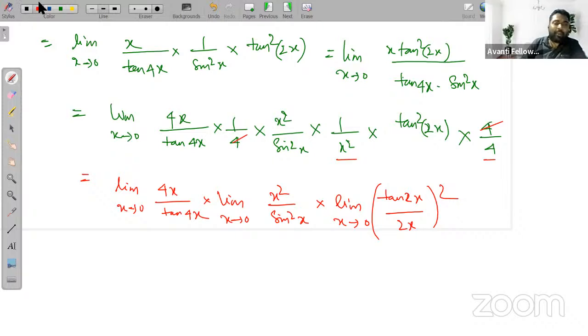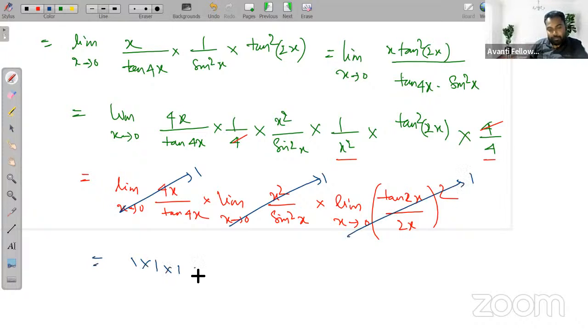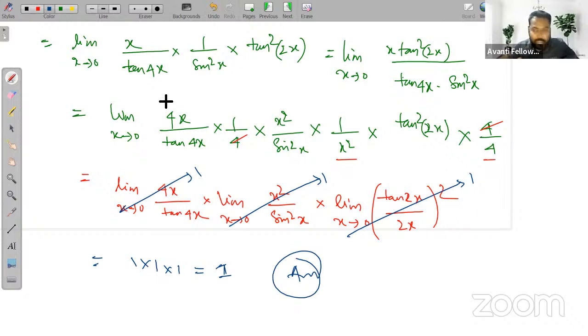So simply you can observe here, this limit becomes 1, this limit becomes 1, this limit becomes 1, right? So 1 into 1 into 1. So what is the answer you are getting? Simply 1. 1 is your correct answer.